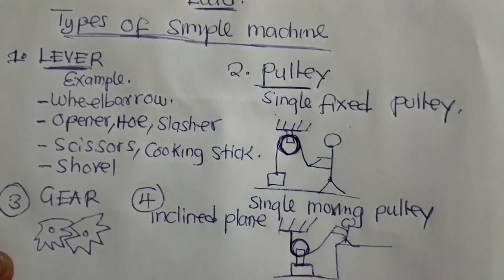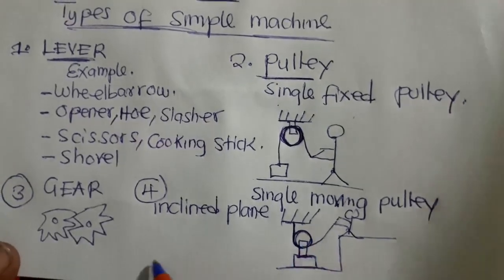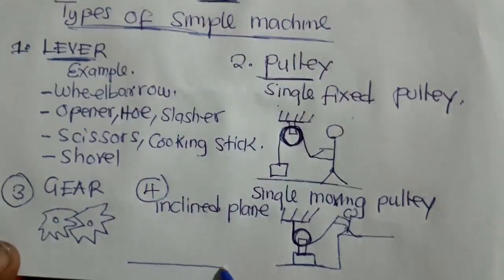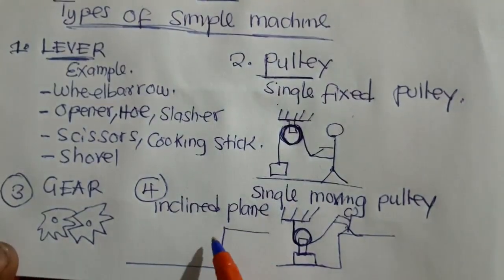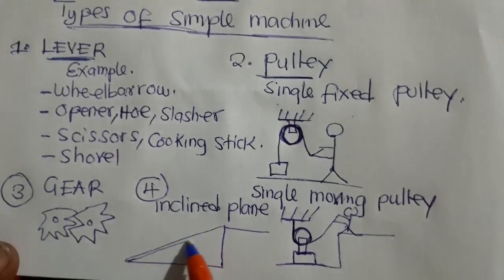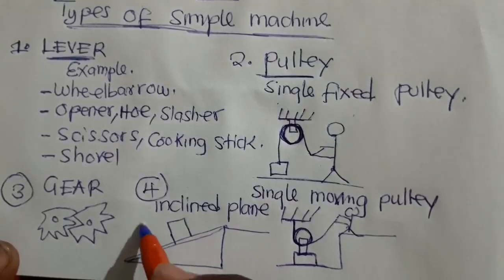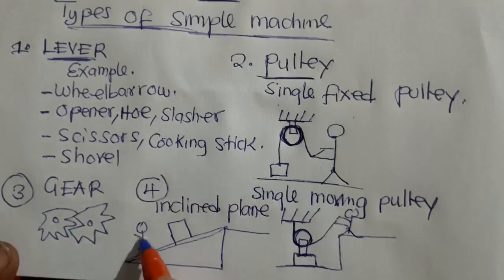Whenever you are talking about an inclined plane, you need to discuss something like this. Let's say this is a surface like this. Then a person is pushing this. You are a person here, you are pushing this box.